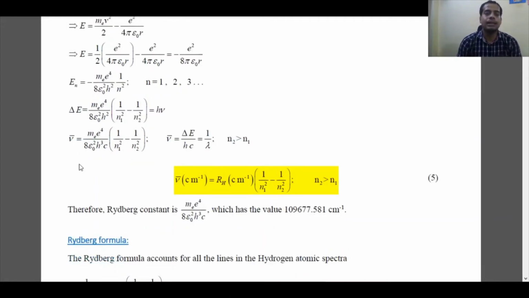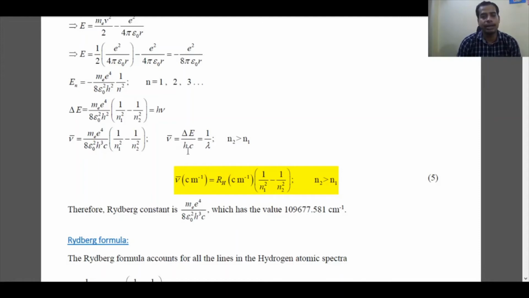The unit of energy in this expression is joule, but generally in spectroscopy the lines, or the spectroscopic transitions, are represented in centimeter inverse. So you have to convert that joule into centimeter inverse. To do that, we have to divide the energy by hc.